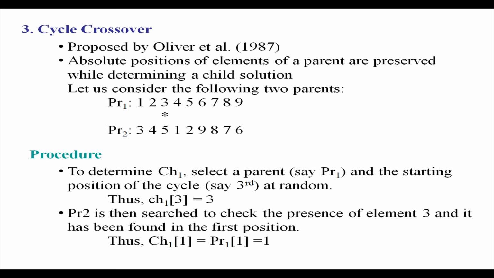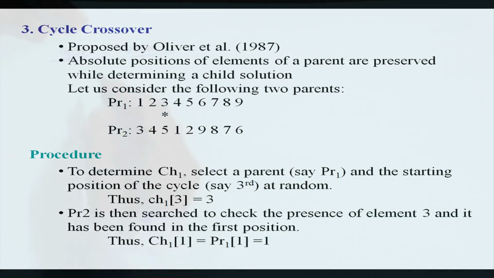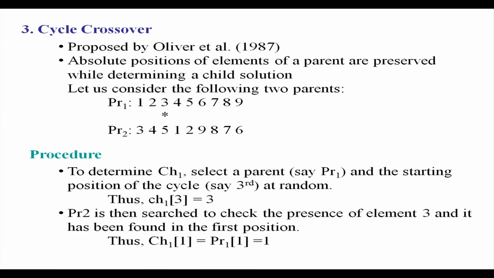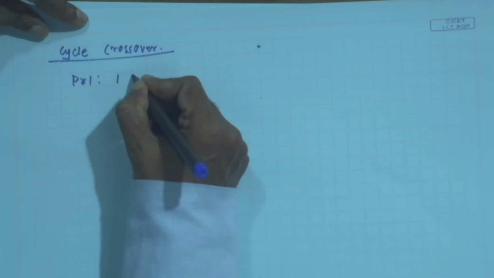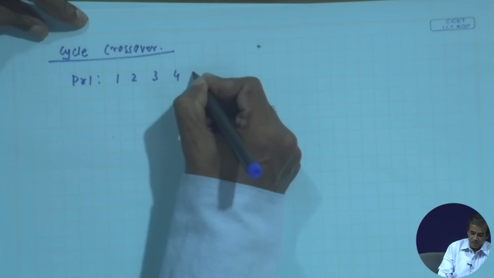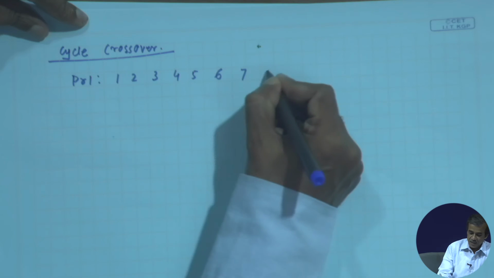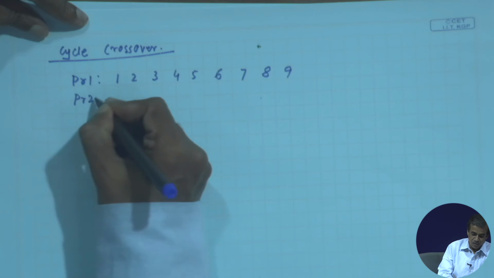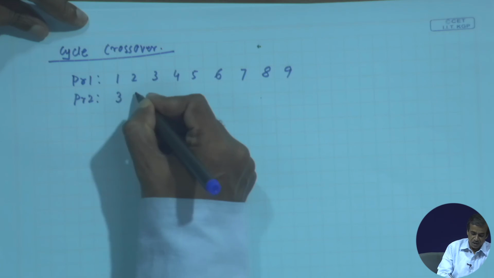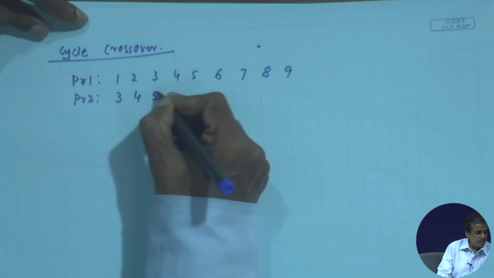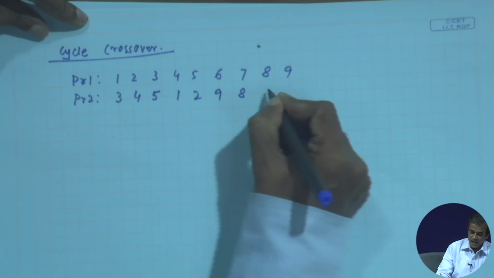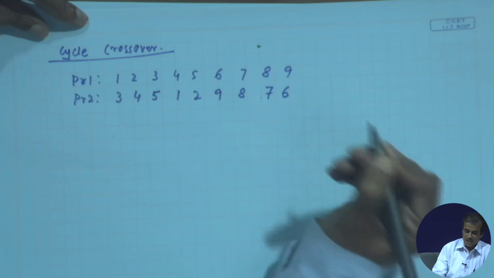Let us see how it works. Parent 1 is 1, 2, 3, 4, 5, 6, 7, 8, 9. Parent 2 is 3, 4, 5, 1, 2, 9, 8, 7, 6.